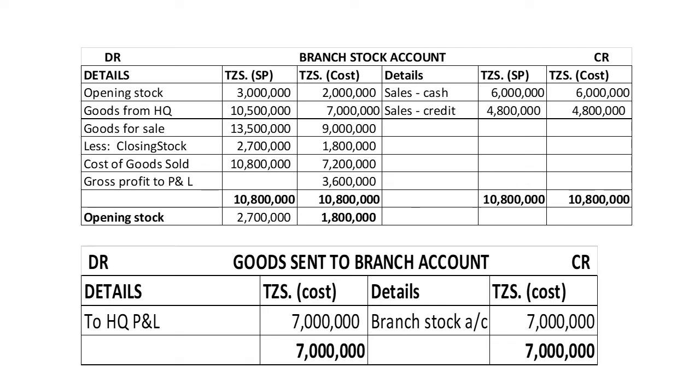Therefore, the column for cost gives us the profit made, or gross profit made, by the branch. So for goods sent to branch account, we credit goods sent 7 million, and we debit the branch stock account for 7 million. And therefore, this item is to be transferred to the headquarter trading or profit and loss statement.